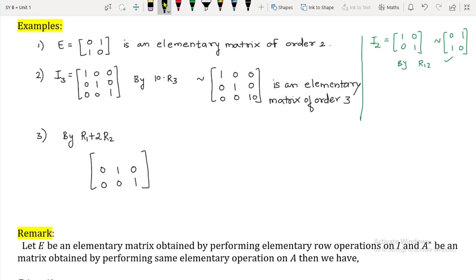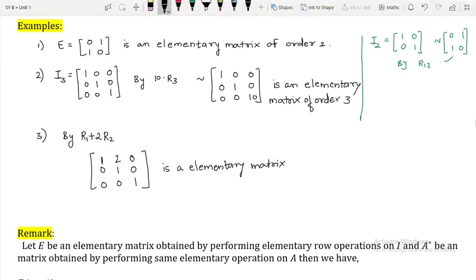R1 plus 2 times R2 means 1 plus 0 is 1. Next is 0 plus 2 multiplied by 1, that is 2. And next one is 0 only. So this is our elementary matrix. I hope you are getting my point. Take one identity matrix, and on that identity matrix simply perform one elementary row operation. That is going to give you an elementary matrix.